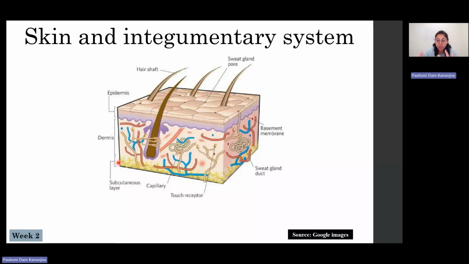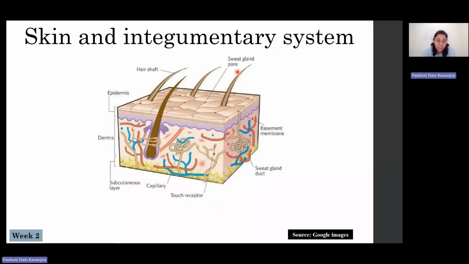Because skin, because of the presence of all of these, has several functions. Functions like sensation, which is because of these receptors, for example, the touch receptor here. Heat regulation, because the sweat gland produces sweat, which is allowing for your thermoregulation.